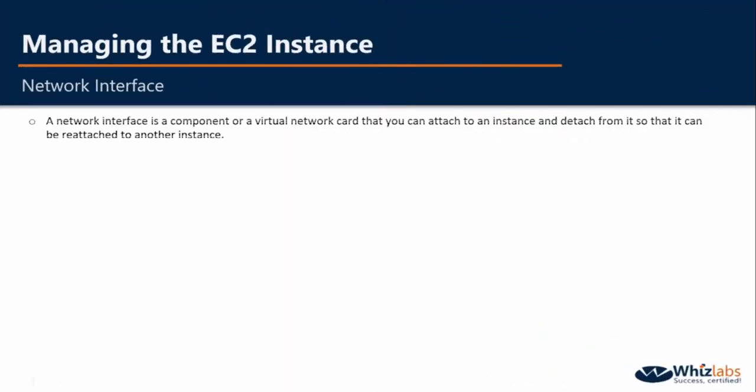A network interface is a component or a virtual network card that you can attach to an instance and detach from it so that it can be reattached to another instance. A network interface has the following properties or attributes.